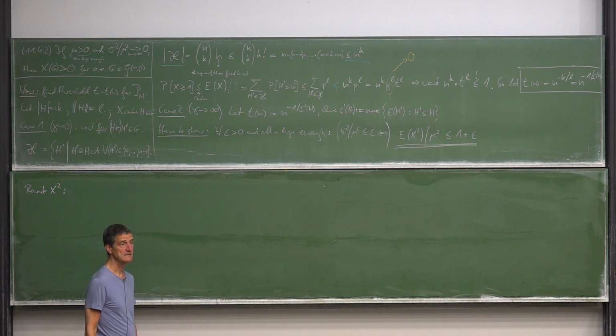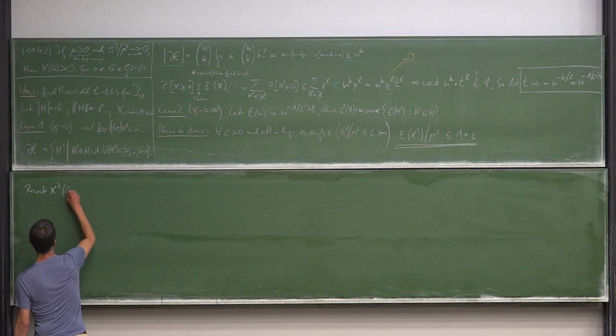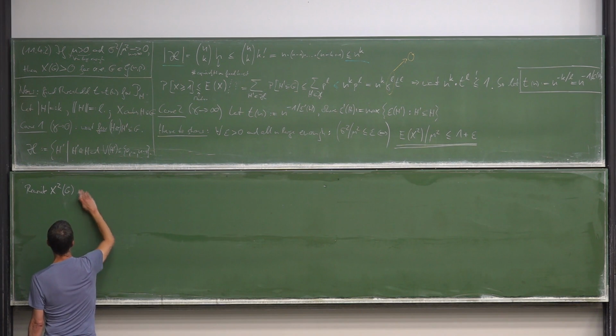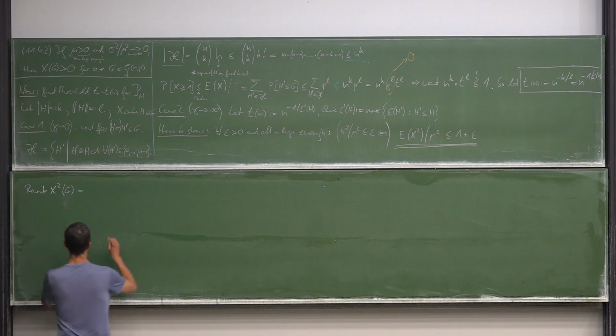Maybe I should write x of G. So x squared of G is x of G squared.